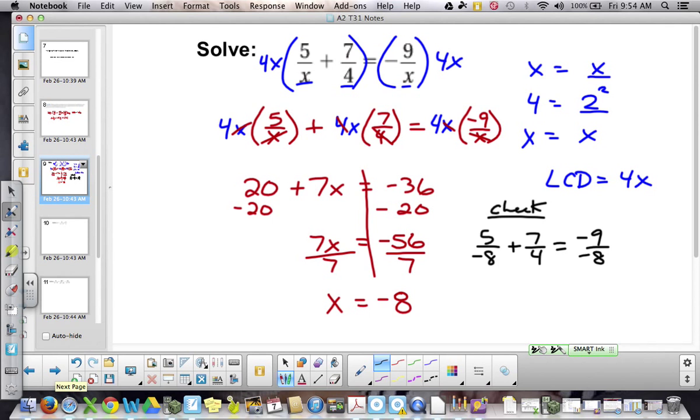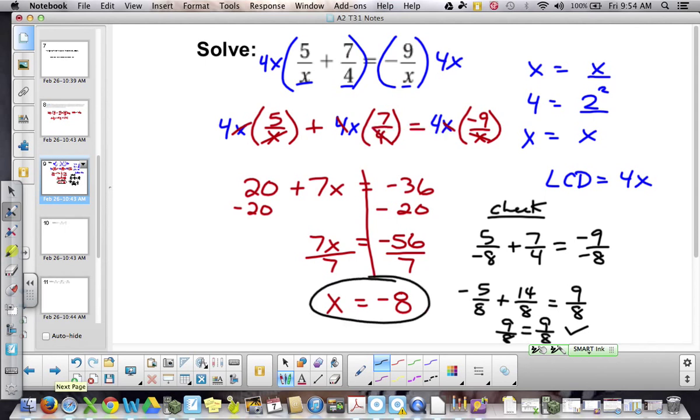So you would have negative 5/8 plus, using 8 as the common denominator, 14/8, equal to 9 over 8. Negative 5 plus 14 is 9, so you get 9/8 equals 9/8, and that checks out. So x equals negative 8 is your solution.